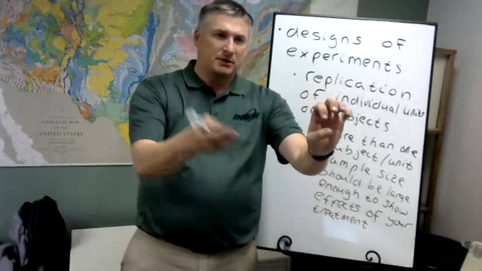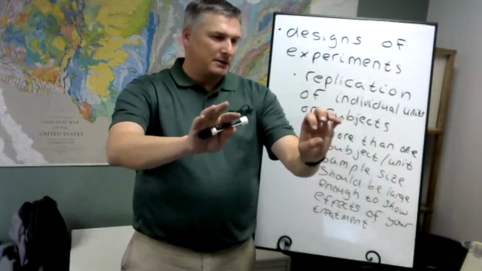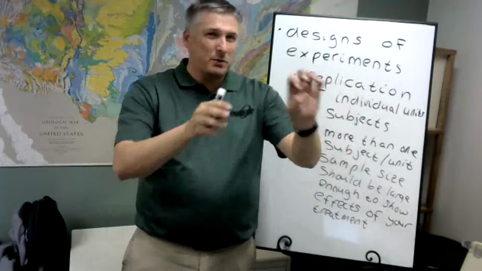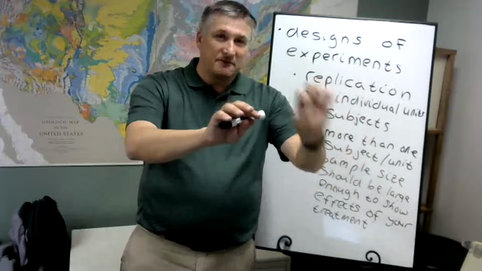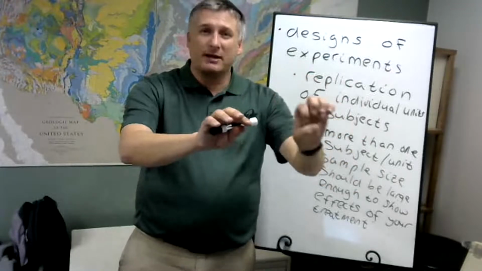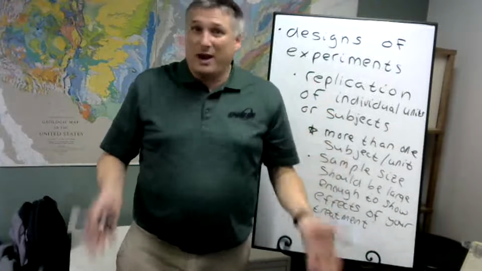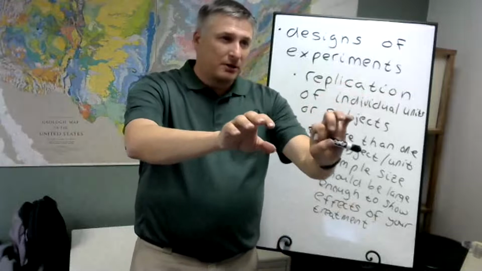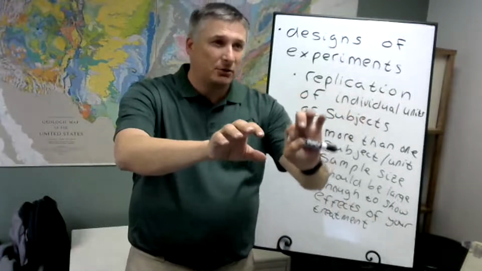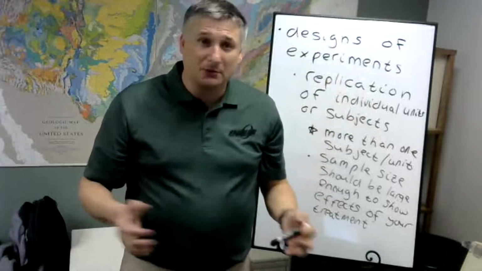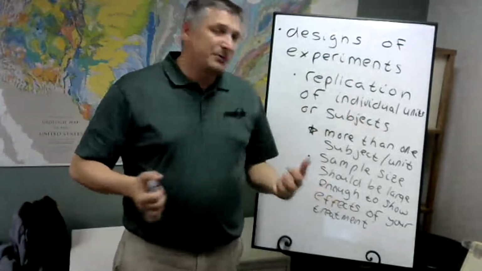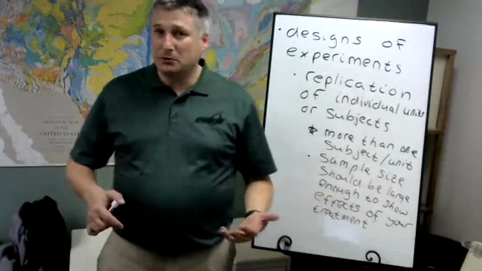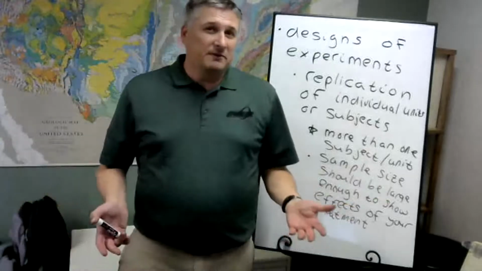One group gets some kind of treatment, the other group gets a placebo, and we just see if there is a significant change in the treatment group, that whatever we've done, there are effects, there are consequences that are not random. There will be changes in this group too. That's just the randomness of life. But do we see changes here that are big enough in this treatment group where it doesn't look like the randomness of life, it looks like our treatment has made some kind of change? And we need to make sure our sample size is big enough. So when we're designing our experiment, we want enough subjects or individual units to be able to observe the effect.